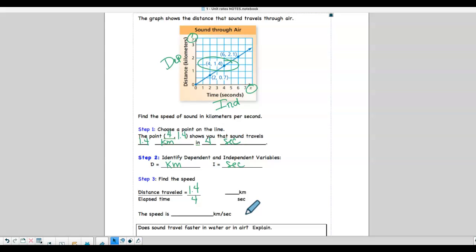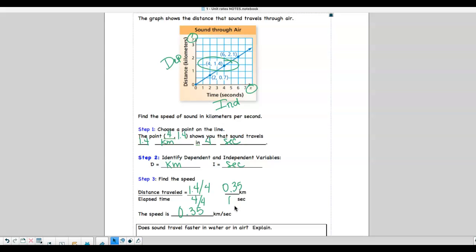So we use our calculator to find the unit rate. 4 divided by 4 is 1. 1.4 divided by 4 is 0.35. The speed is 0.35 kilometers per second. Does it travel faster in water or air?